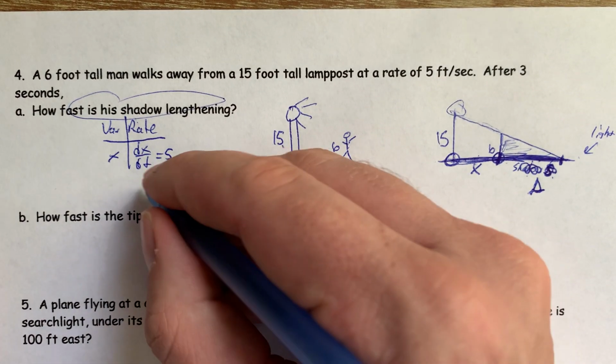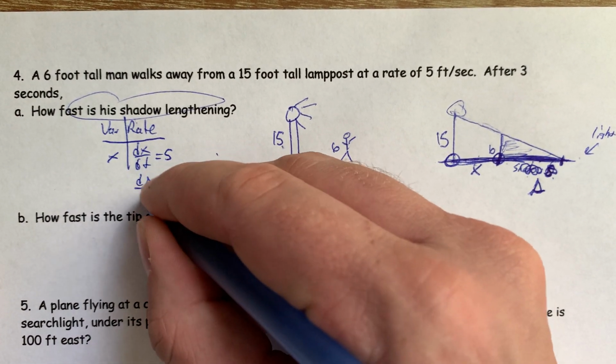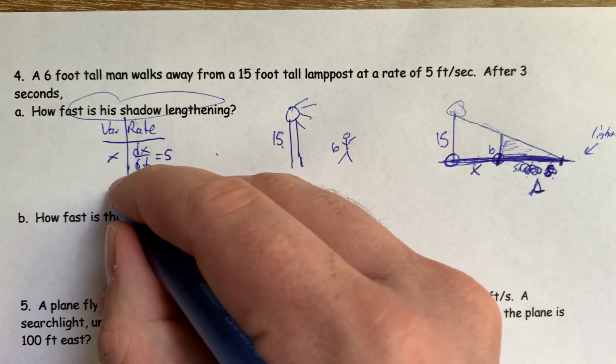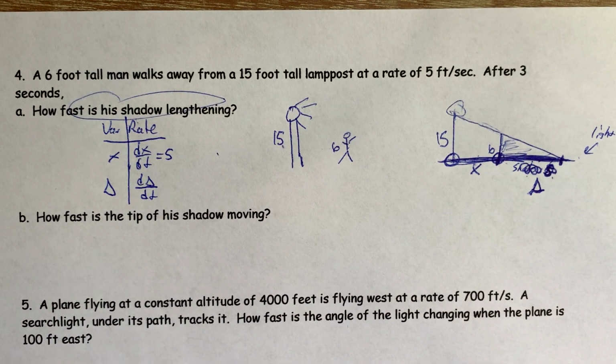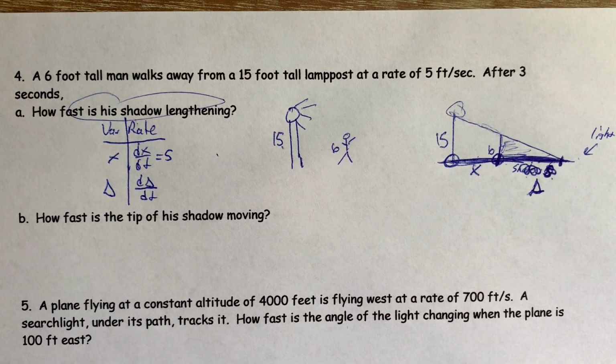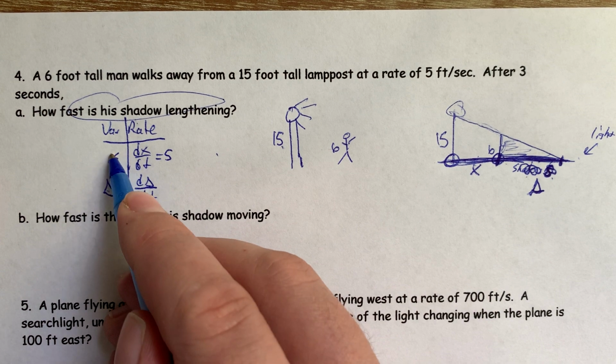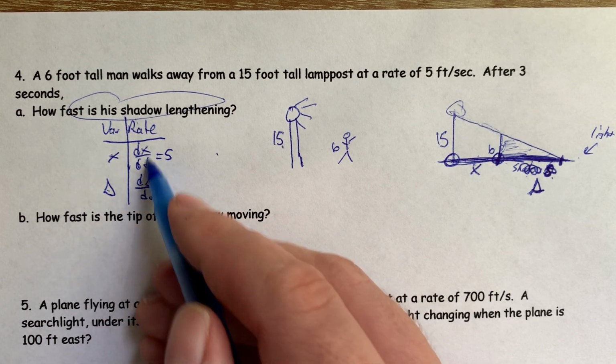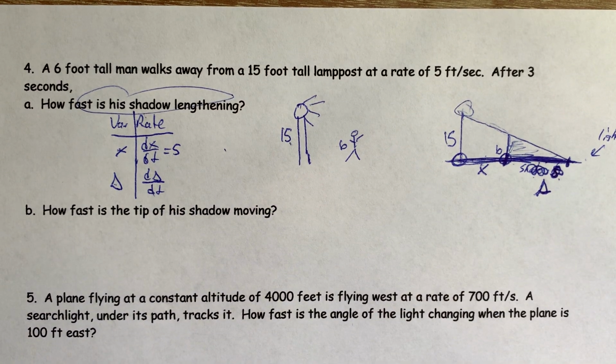So it's asking us for ds dt, and the variable then is S. I need a relationship between S and x so that when I do the derivative, I'll get dx dt and ds dt, and I can find the relationship between their rates. So think about geometry for a second, and what relationship do we have here?